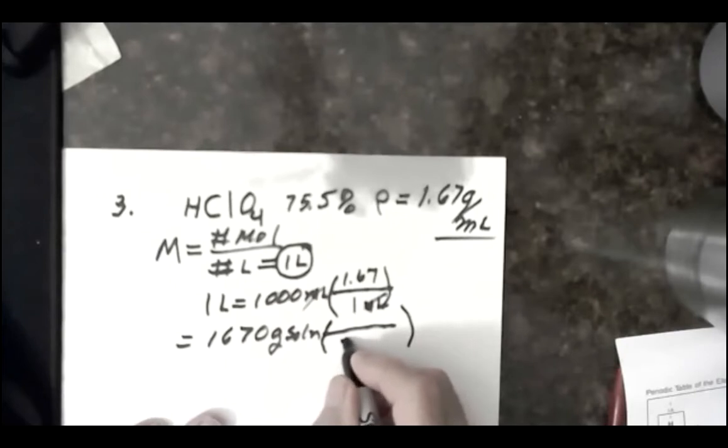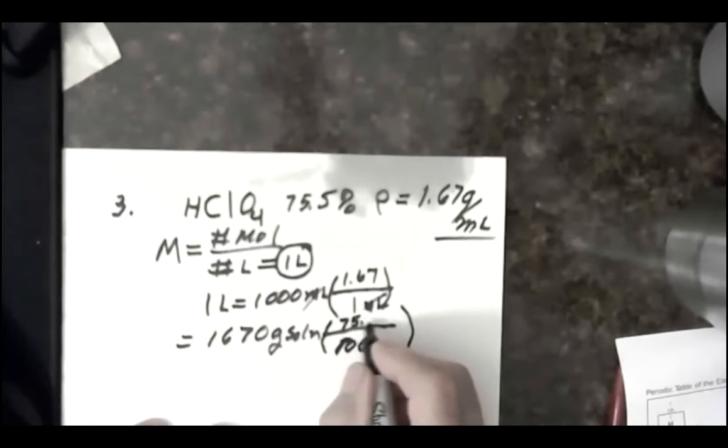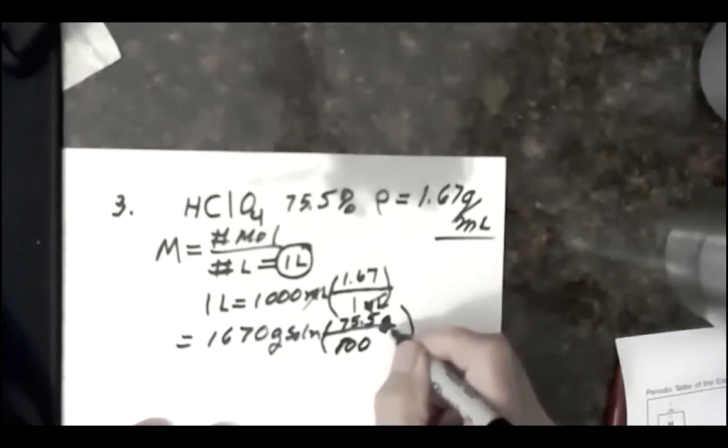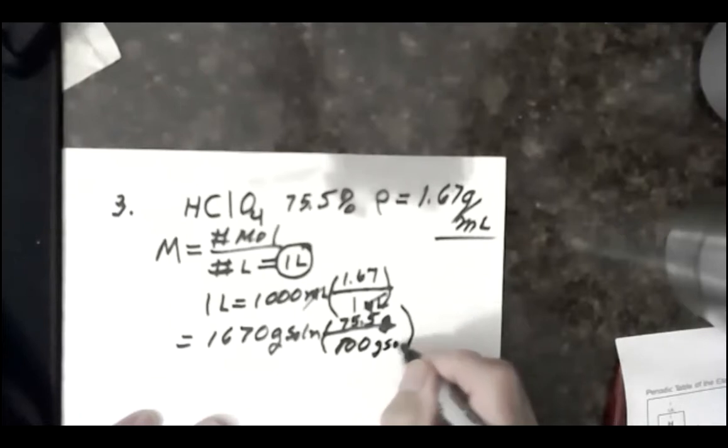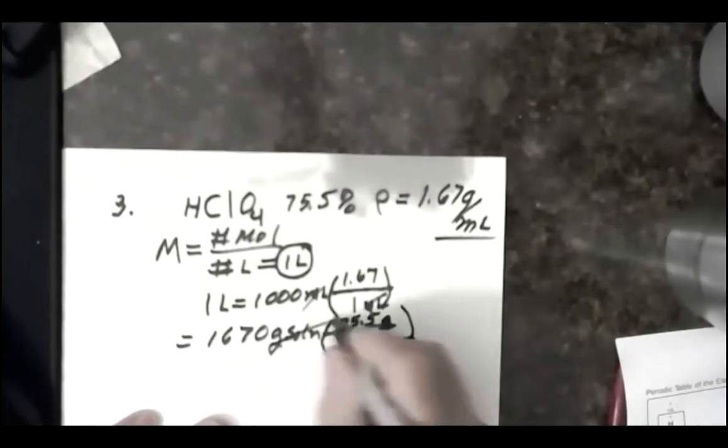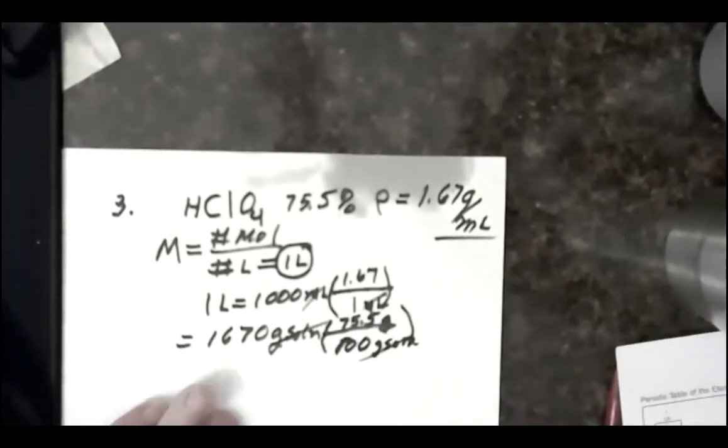There's 75.5 per 100 grams of that solution. It would have 75.5 grams of the acid. That's going to cancel. So I'm going to take that answer, multiply it by 75.5, and divide it by 100.